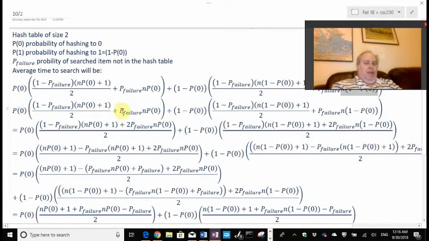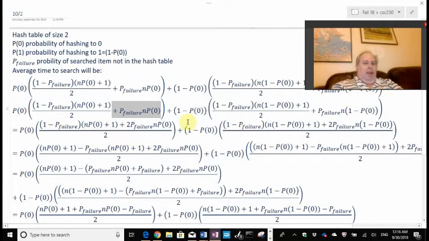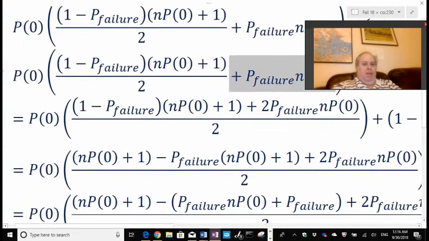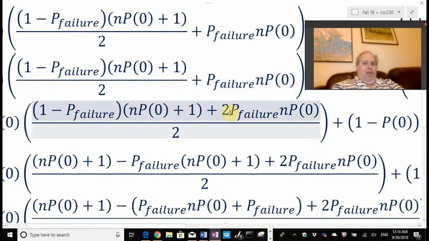The first thing I'm going to do is take these terms and move them into the fraction, making this 2 times P of failure n P of 0 over 2. So this goes into the same fraction. I do the same thing right over here, so this becomes 2 over 2.